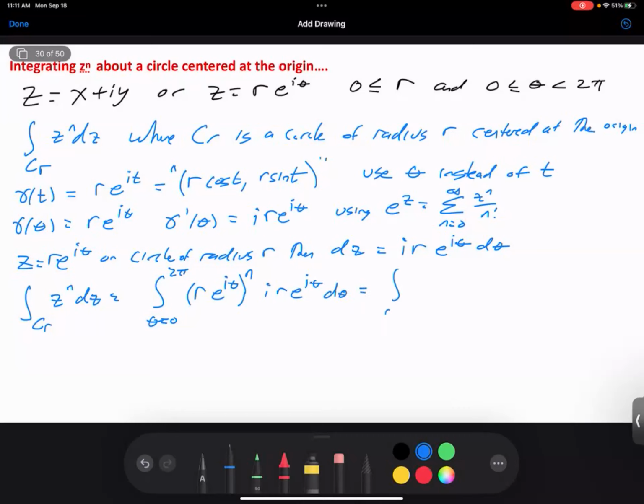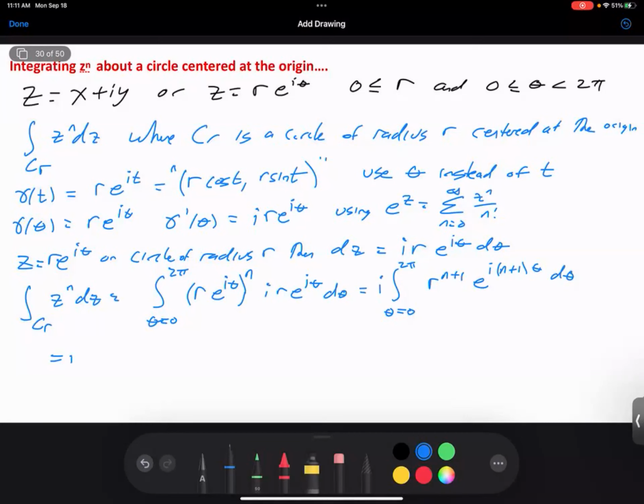So this is going to be the integral as theta goes from 0 to 2 pi of r to the n plus 1, I can pull out the i, and I'll have an e to the i (n plus 1) theta d theta.